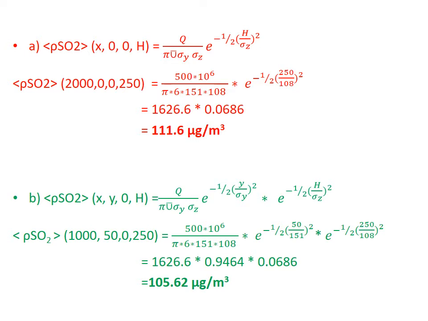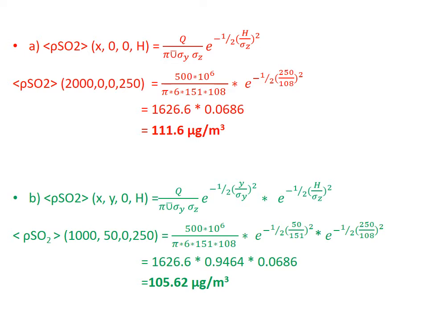For the B section, we need to find out rho SO2 at 1000, 50, 0, 250. So the equation we have to use is rho SO2 at x, y, 0, h, which is equal to Q by pi u bar sigma y sigma z into e raised to minus 1 by 2 into (y by sigma y) the whole square into e raised to minus 1 by 2 into (h by sigma z) the whole square.